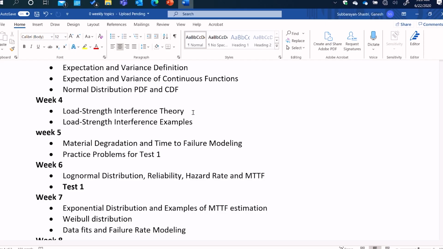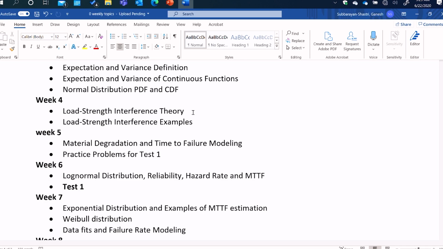So far, in our undergraduate, we have learned deterministic design, that is, where we think of strength as one number and we think of load as one number, and we account for the uncertainty in strength of a material, meaning that strength is always not one precise number, but it has a range.